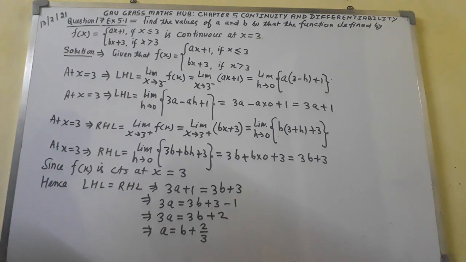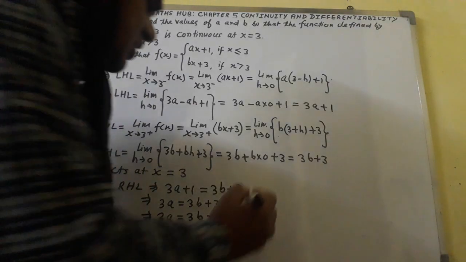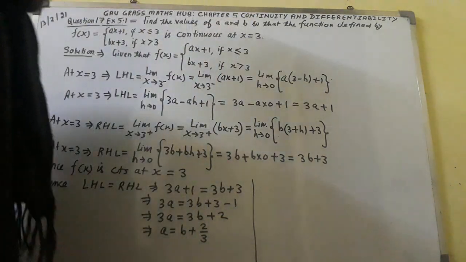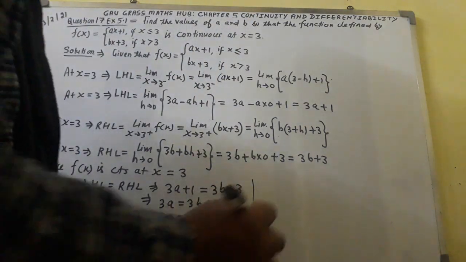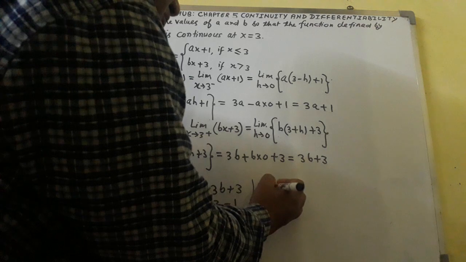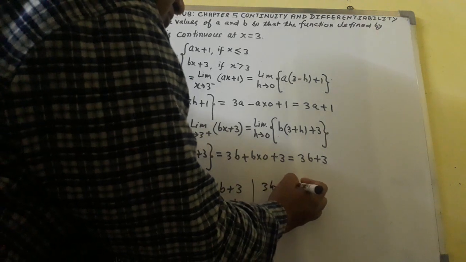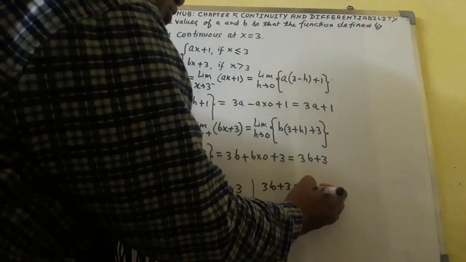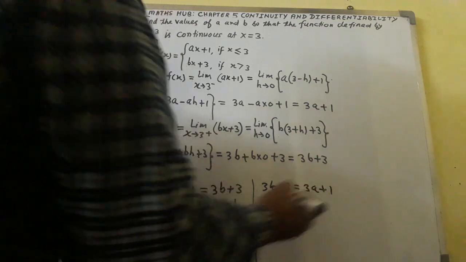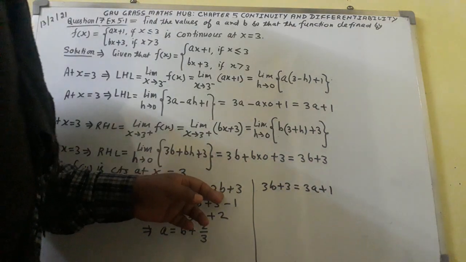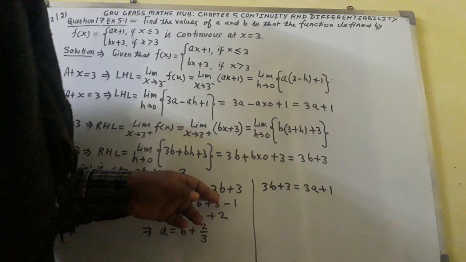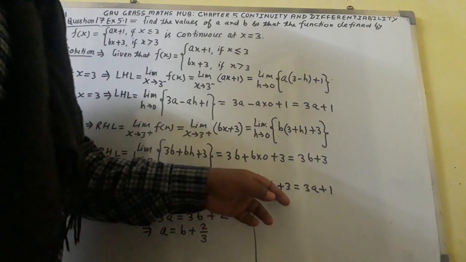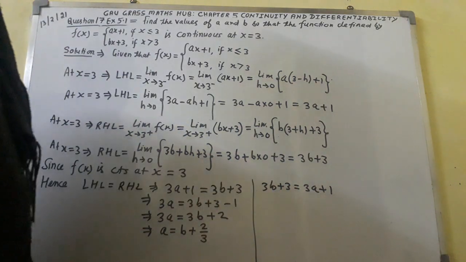Alternately, you can get the value of b also. So here write 3b plus 3 equal to 3a plus 1.